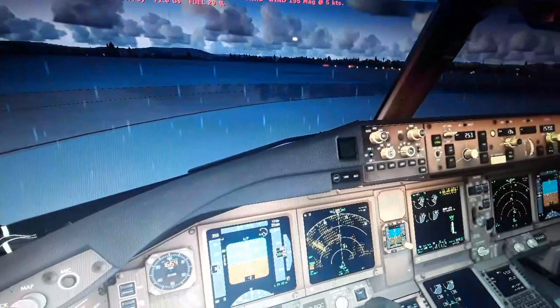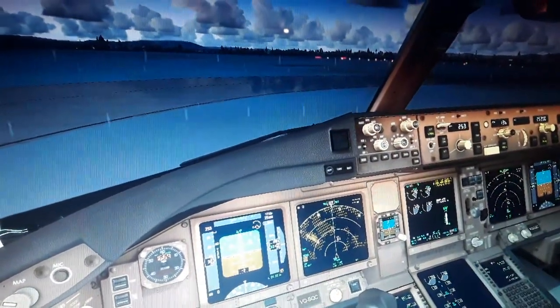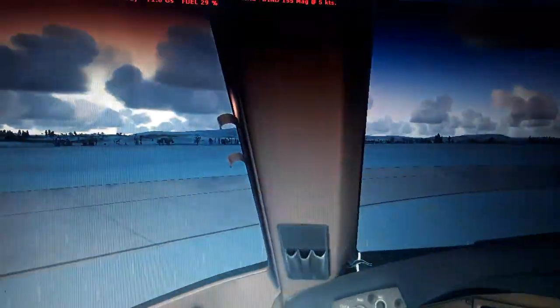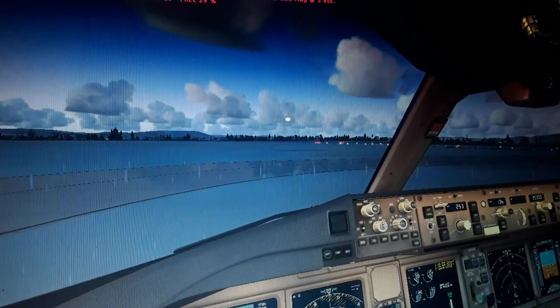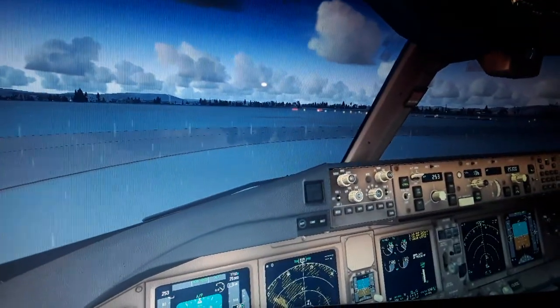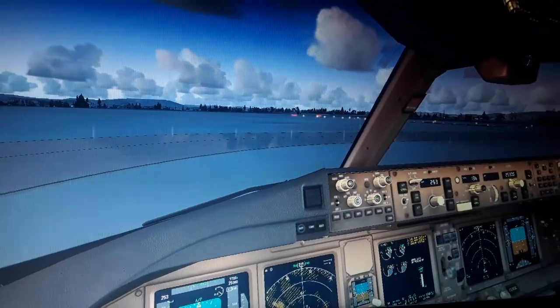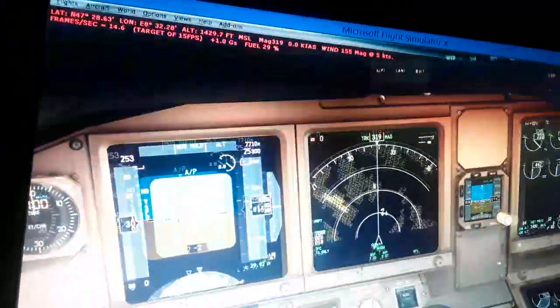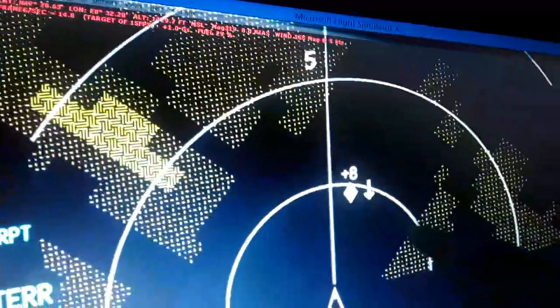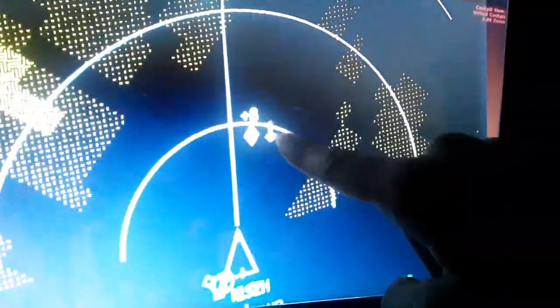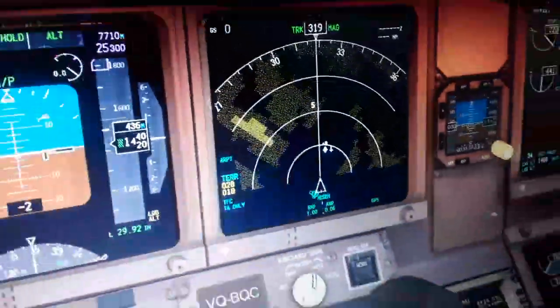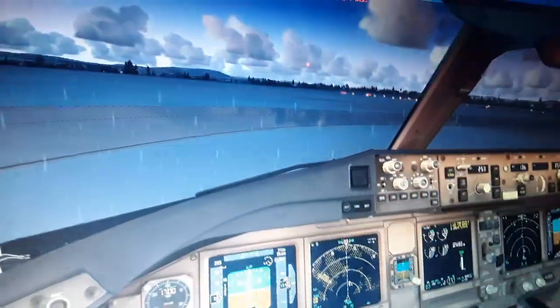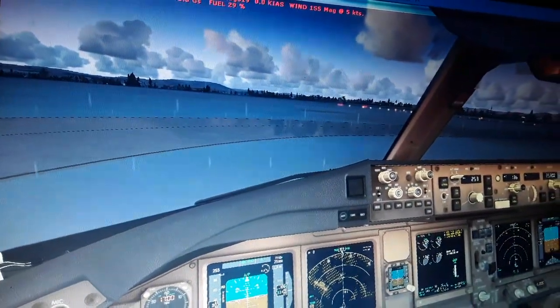It's getting closer and closer. So this is how you can spot an aircraft in the navigation display using the transponder transmitter receiver, which acts as a passive radar. So you can see using the traffic other aircraft coming.